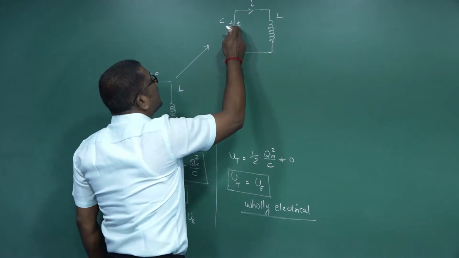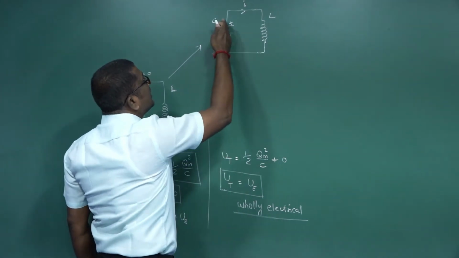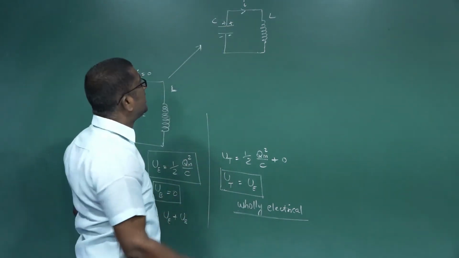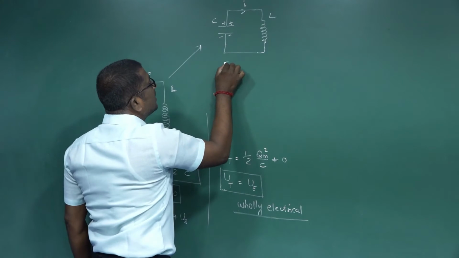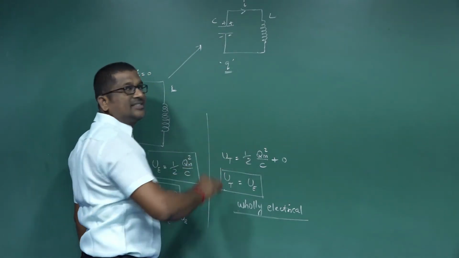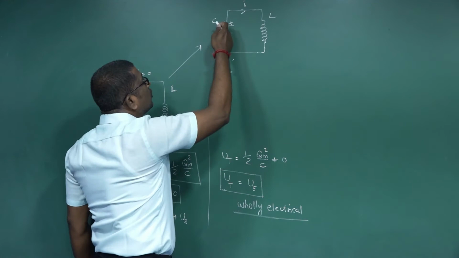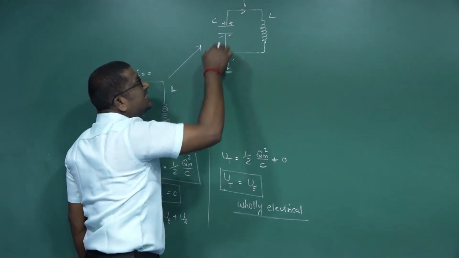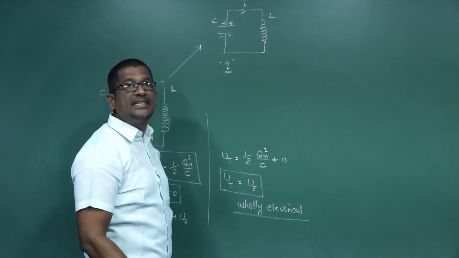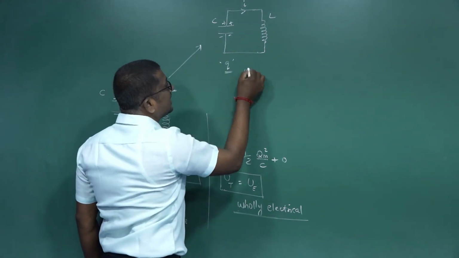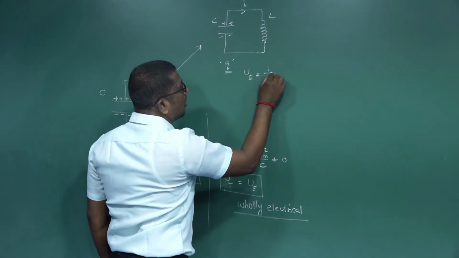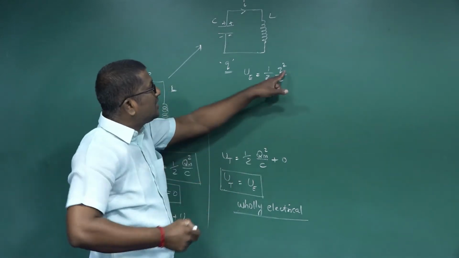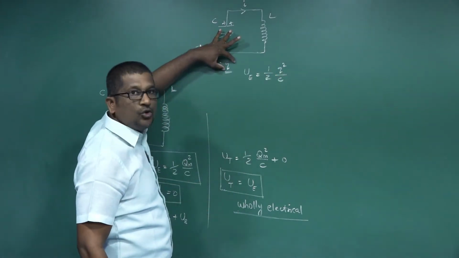Right? Now, when the capacitor starts to discharge, the amount of charge in the capacitor decreases. Suppose at a given instant, the amount of charge in the capacitor is taken as Q. Due to the decreasing of electric charge from the capacitor, the electrical energy in the capacitor decreases.